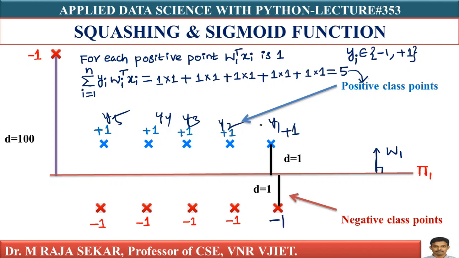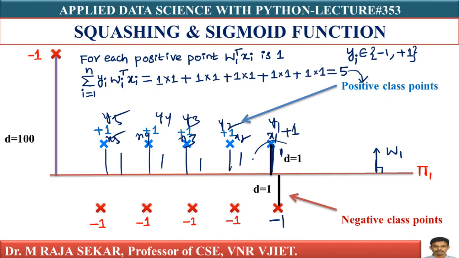The actual labels of positive points are plus 1. What is the distance from the hyperplane? Distance is 1 unit. This distance is 1 unit, this is 1 unit, this is 1 unit, this is 1 unit. That is essentially W1 transpose X1, W1 transpose X2, X3, X4, X5.